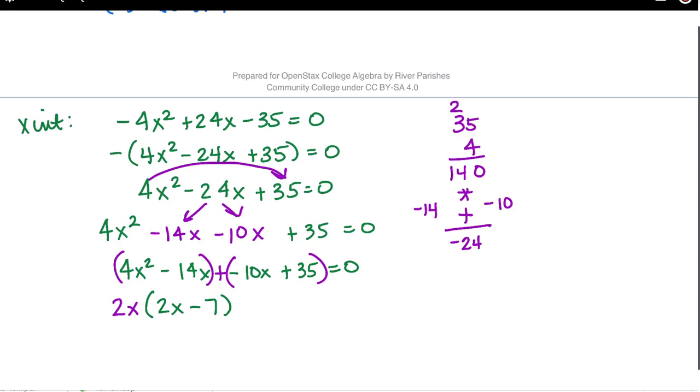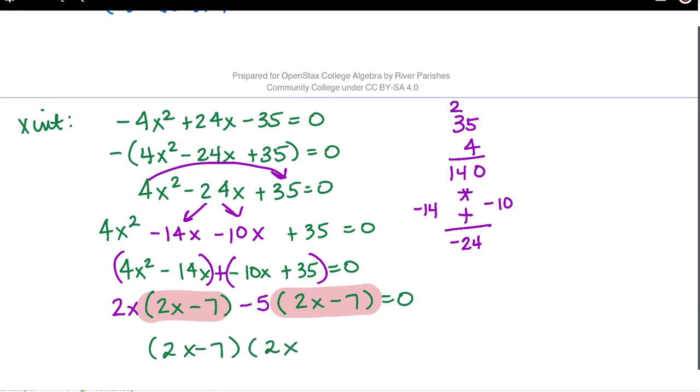But I'm going to factor out a negative 5 instead. Because if I factor out a negative 5, that leaves 2x minus 7, and now I have a 2x minus 7 in common. And so I can factor that out. I can factor out a 2x minus 7, and that would leave a 2x minus 5 equals 0.